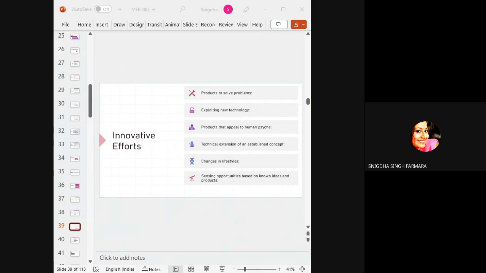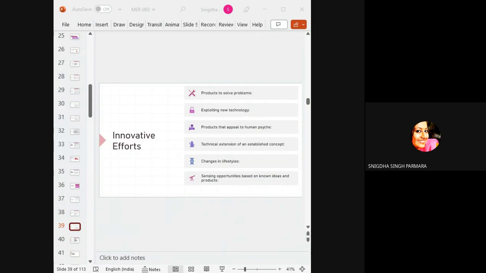At first it was in the form of a coil, then it came up in the form of a ticket, then a liquid, then a gel to be applied on your body, Odomos, and then finally the mosquito repellent rackets, right? So come up with a technical extension of an established concept. If there's a solution, then how do you improve it?